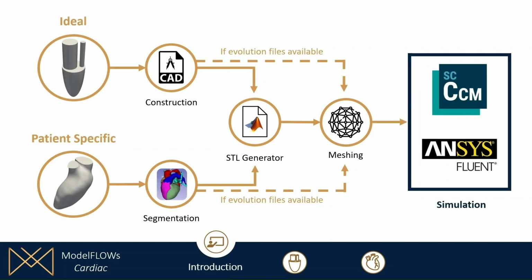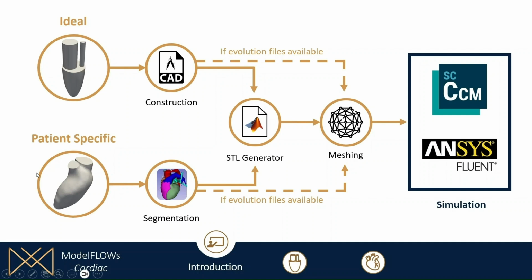So the general overview of the method of doing these left ventricular simulations is the one that you see here. We can have some idealized geometries, such as the one you see here, which are geometrically more simple, and we can construct them using some CAD software.